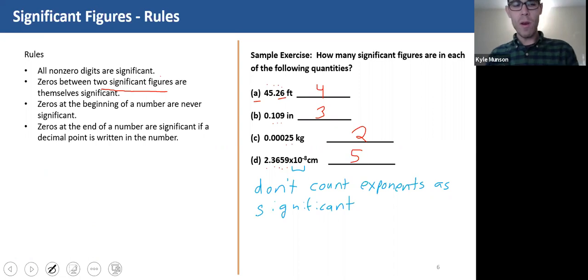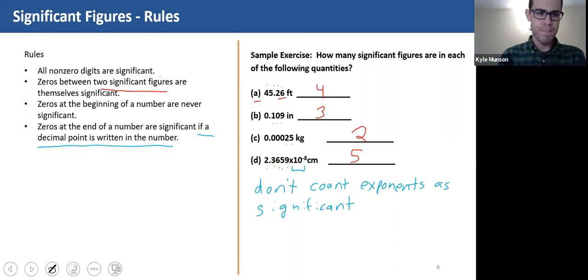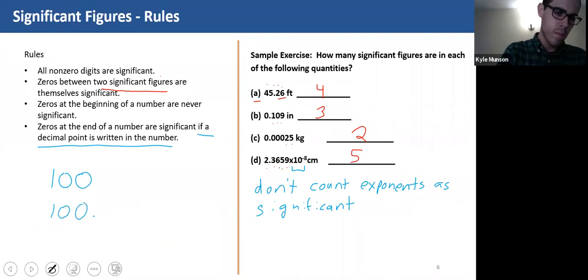One final thing I want to say before I end this short video: what about this last point? Zeros at the end of a number are significant if a decimal point is written in the number. What do I mean by that? Well, let's take this example. That's a decimal point there and the one in the bottom. How many significant figures does each of these numbers have?